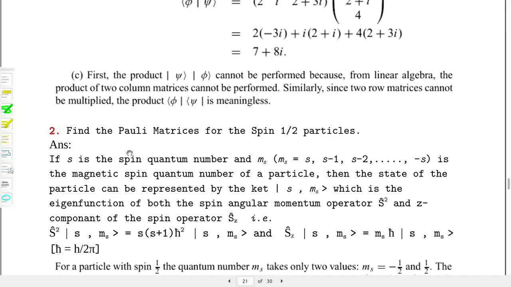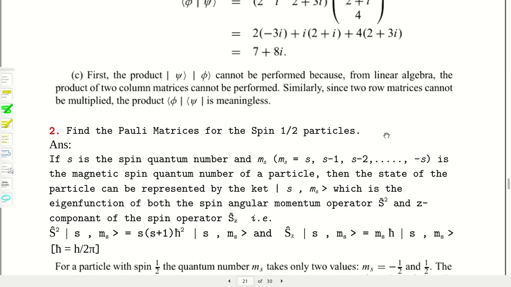Now the second problem: find the Pauli matrices for spin half particles. The argument of the problem is not very familiar to you at this point of time, but to make it simple, I just want to explain here how the matrices of an operator can be found, and the Pauli matrices will be very interesting to see, because in later quantum mechanical theories or in your syllabus, the Pauli matrices will come frequently.